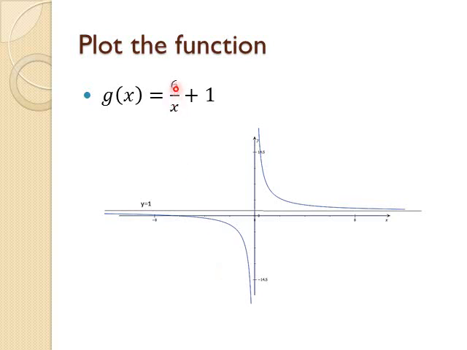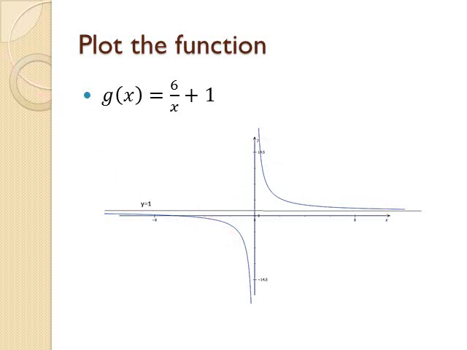For points, 6 divided by 1 gives me 6, plus 1, so I can say (1, 7). And if x equals 6, 6 divided by 6 gives me 1, 1 plus 1 gives me 2. That's explained in the previous lesson. So that's where my drawing would be.